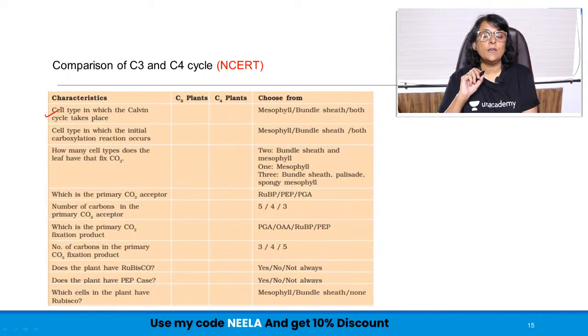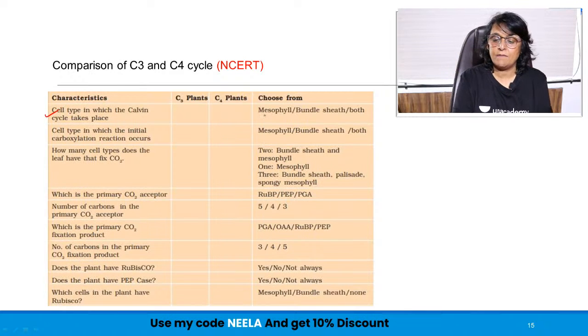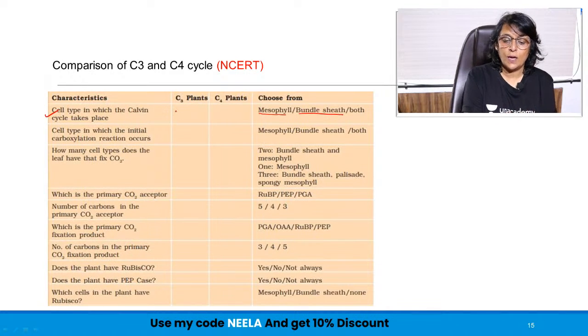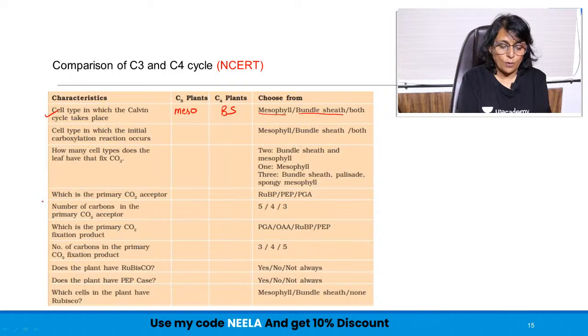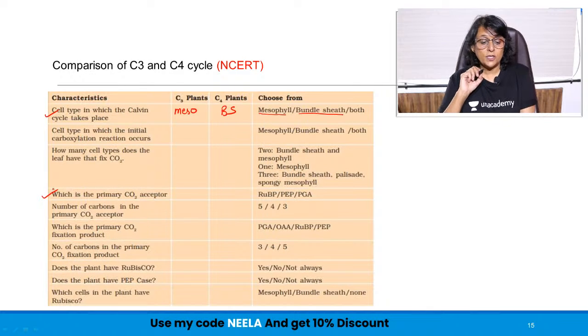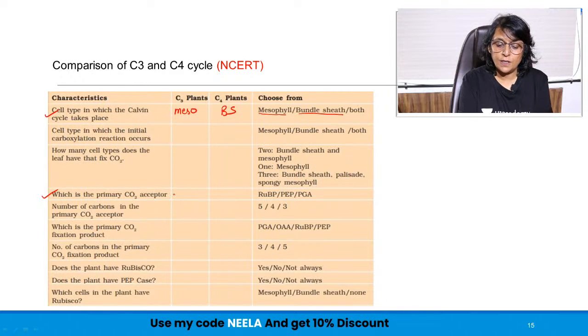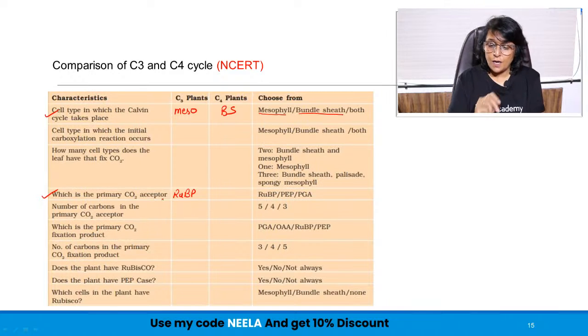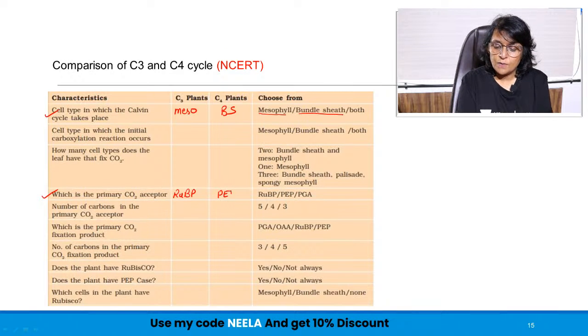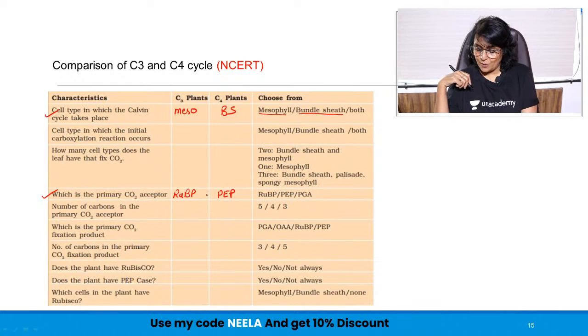Cell type in which Calvin cycle takes place, and we have to choose from mesophyll and bundle sheath. So in case of C3 it is mesophyll and here it is bundle sheath, right? Okay, then let us come to this, which is the primary carbon dioxide acceptor. In case of C3 it is RuBP, and in case of C4 it is phosphoenol pyruvate.